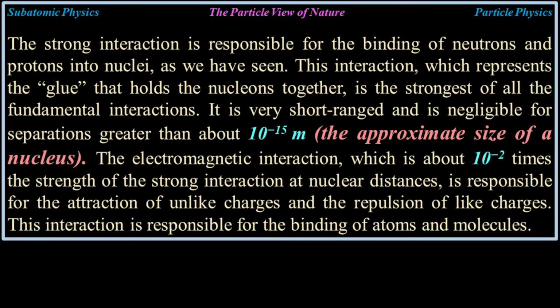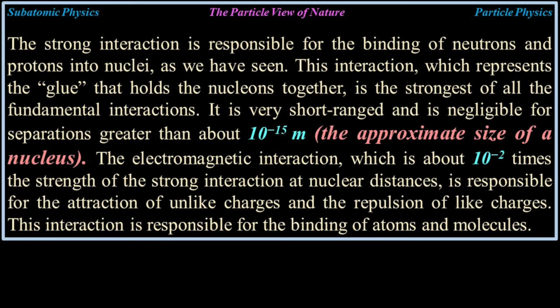The strong interaction is responsible for binding of neutrons and protons into nuclei, as we have seen. This interaction, which represents the glue that holds the nucleons together, is the strongest of all the fundamental interactions. It is very short-ranged and is negligible for separations greater than 10^-15 meters, the approximate size of a nucleus.